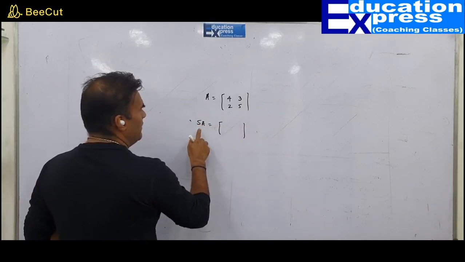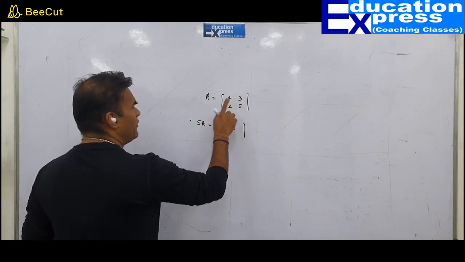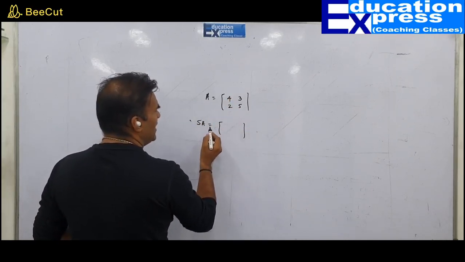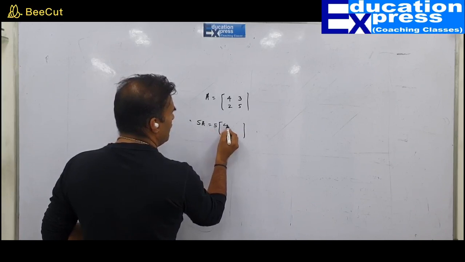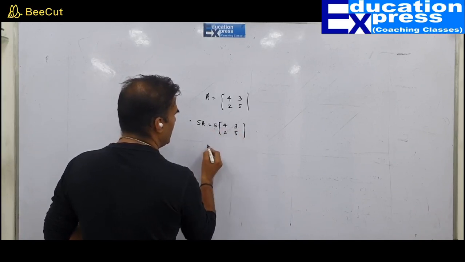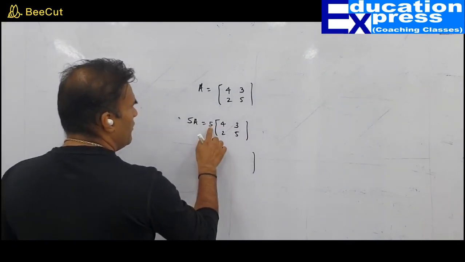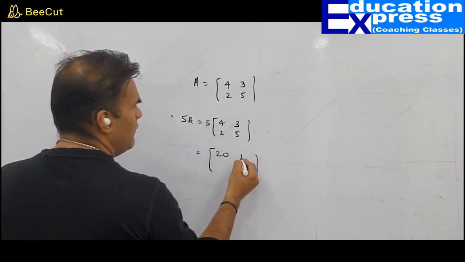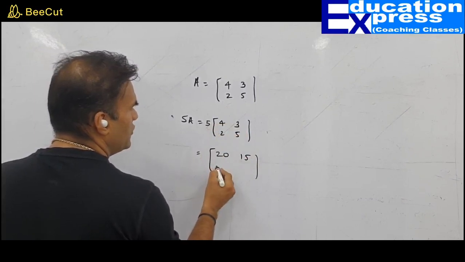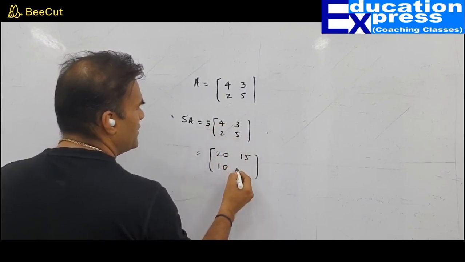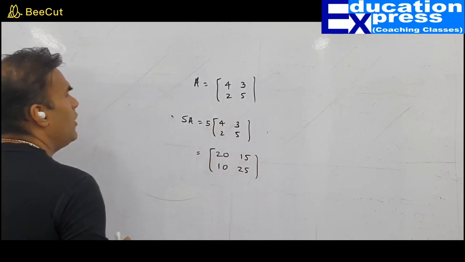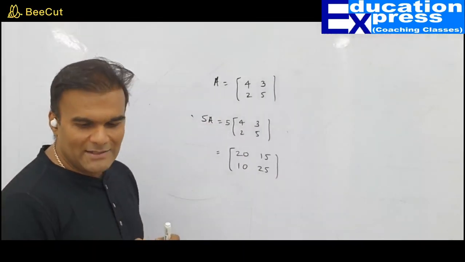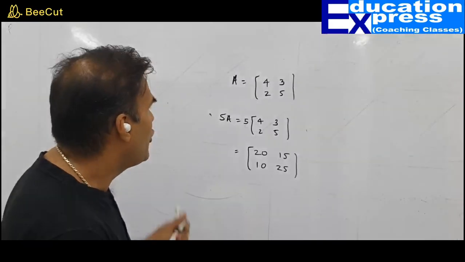How, sir? You multiply each and every element of the matrix with 5. So it becomes 5 times 4, 3, 2, 5, which means 5 4s are 20, 5 3s are 15, 5 2s are 10, 5 5s are 25. This is called multiplication of a matrix with any arbitrary constant.